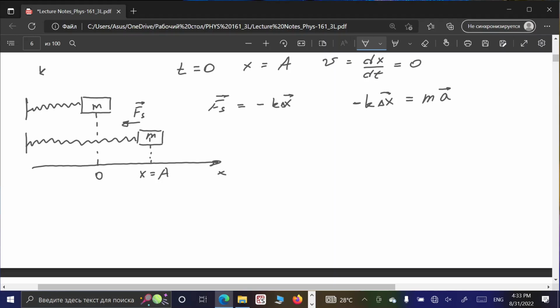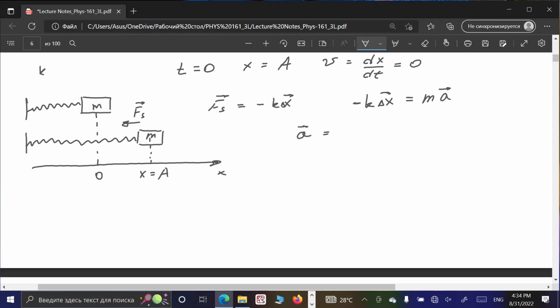Of course we are dealing with the one-dimensional case along axis x, so we don't specify the x, because forces along axis y are just compensated, and we can neglect them. So we don't consider anything along axis y, only the one-dimensional case. This is an example of the second law of motion in this particular case with the spring. And from here we can express a.